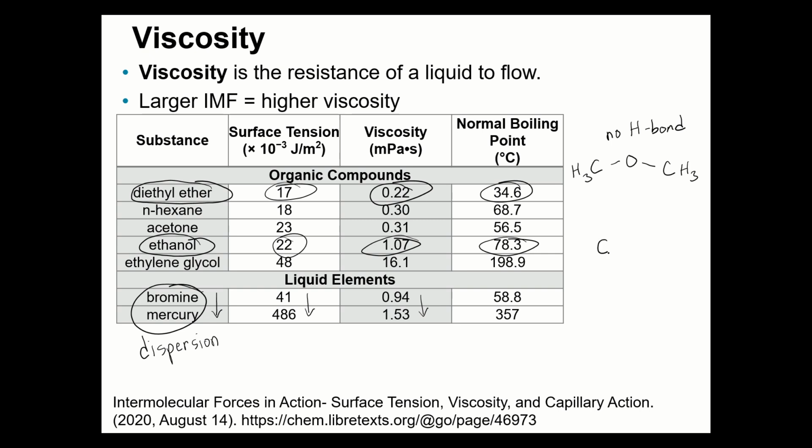But ethanol is going to be those two carbons attached with an oxygen on the end, and that oxygen on the end does have a hydrogen. So that's a CH2, and this is a CH3 here. So it does have hydrogen bonding, and so you see an increase in everything: your surface tension, your viscosity, and your normal boiling point.